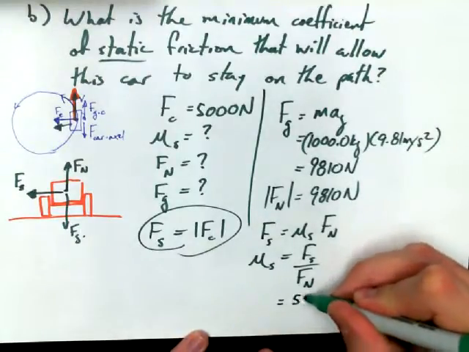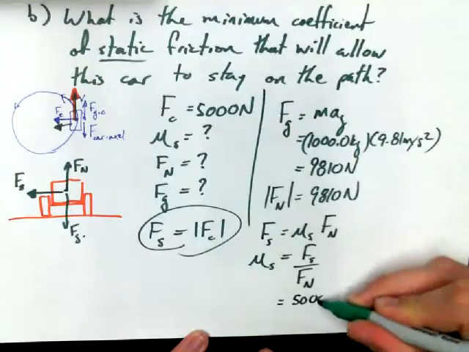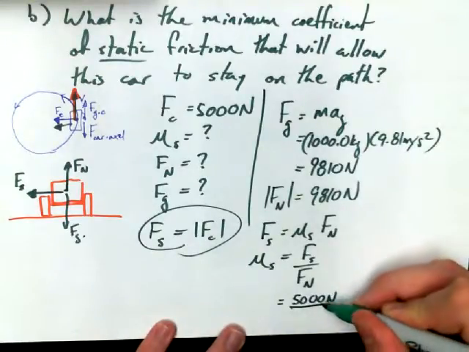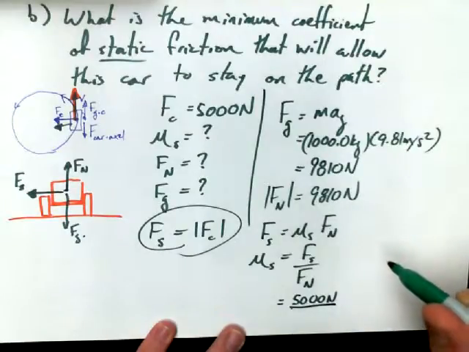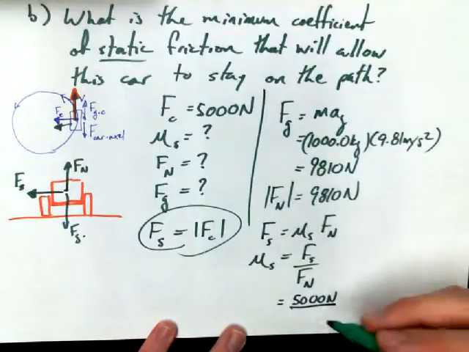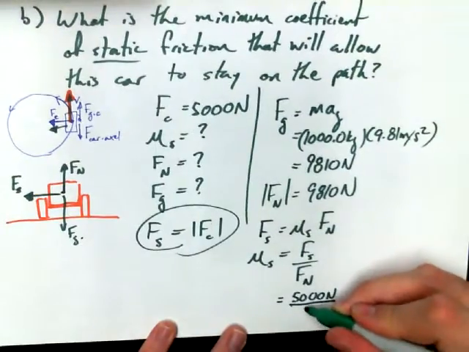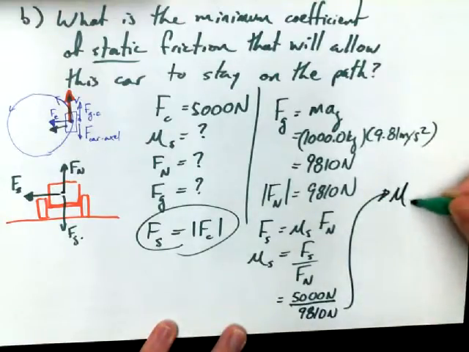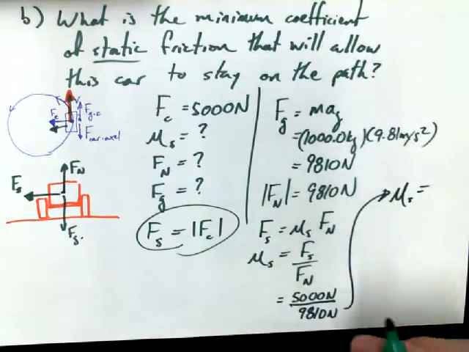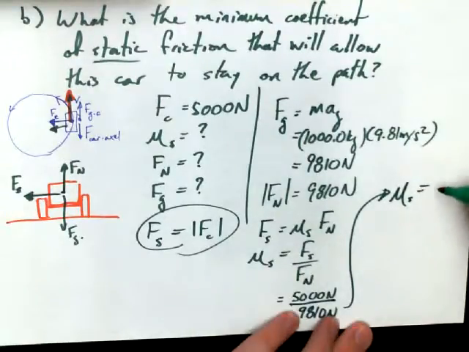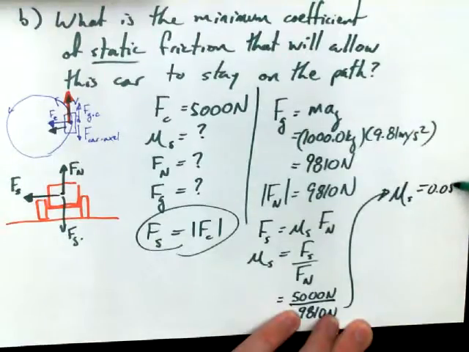I could say that 5,000 newtons, the minimum static friction force of 5,000 newtons, because the minimum is the minimum friction force required to keep this thing from slipping as it takes its turn. 5,000 newtons divided by 9,810 newtons gives us a static friction coefficient value of, did anybody calculate it yet? Naz? 0.5097. 0.0510. That sounds about right.